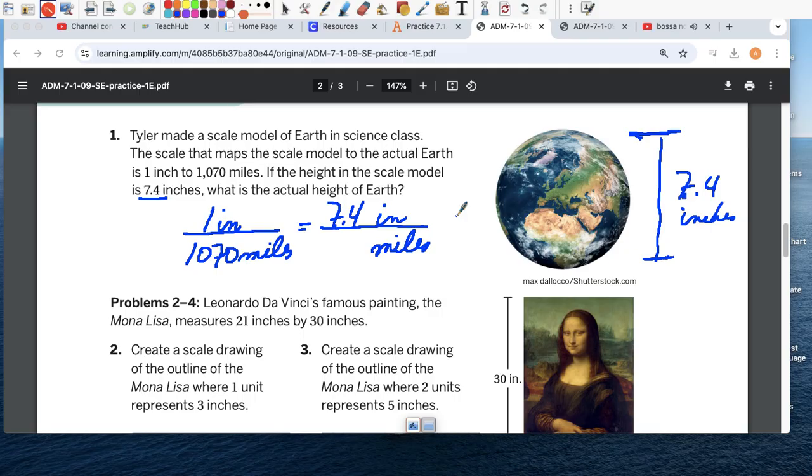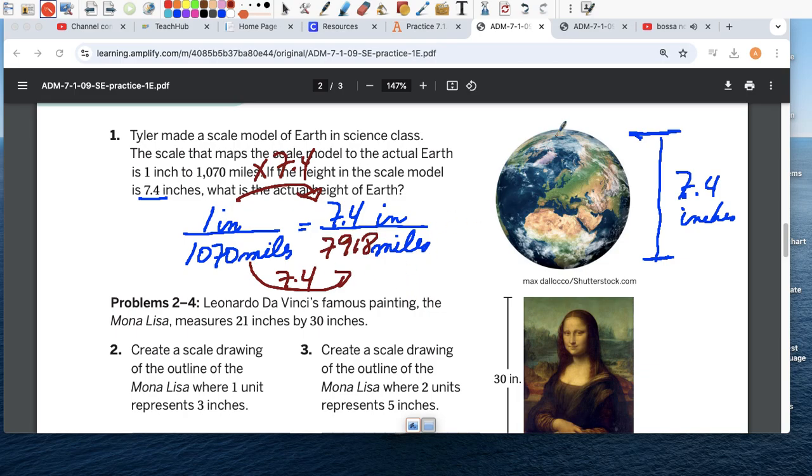So you can cross multiply, whichever one you feel comfortable with. If you look at this, how did the 1 become 7.4? You say, hey, I multiplied it by 7.4. We can repeat the process and multiply the bottom by 7.4. So 1,070 times 7.4 gives us 7,980 miles.